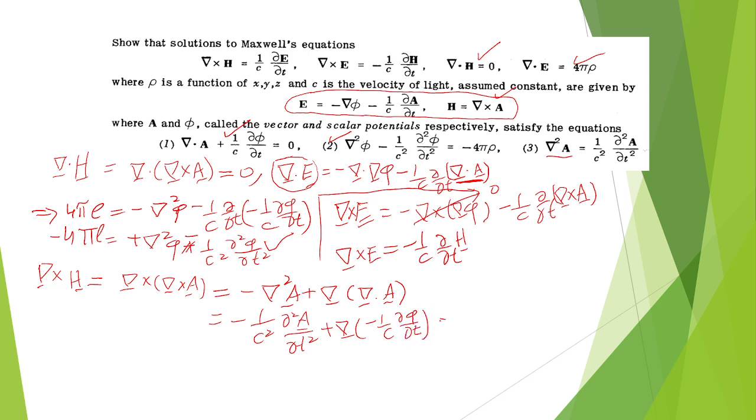So this is equal to minus 1 over c square partial square A partial t square, and we can interchange the operators.